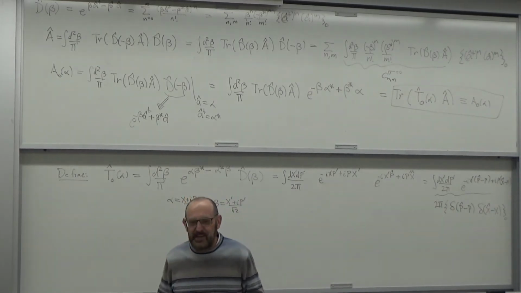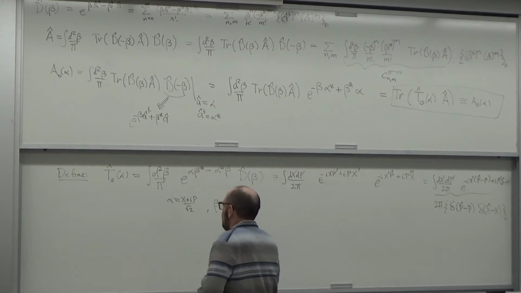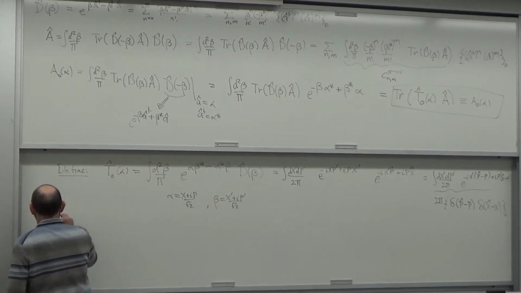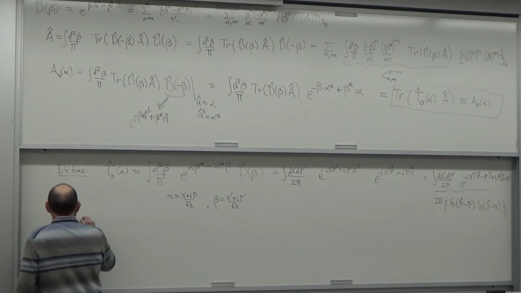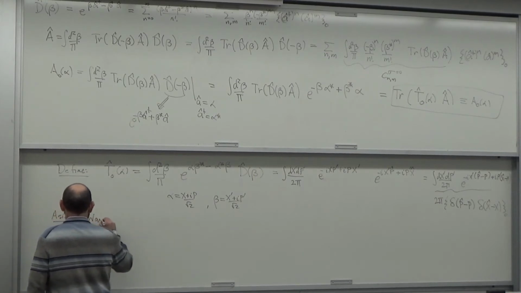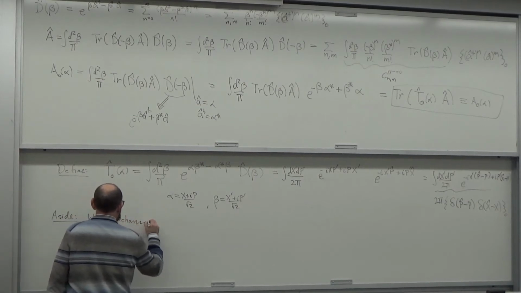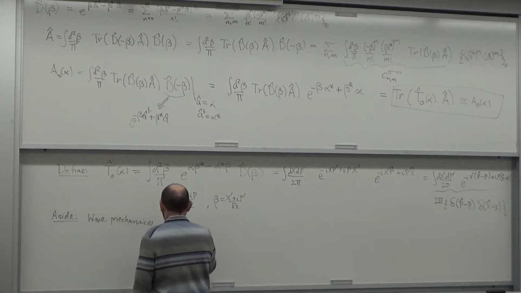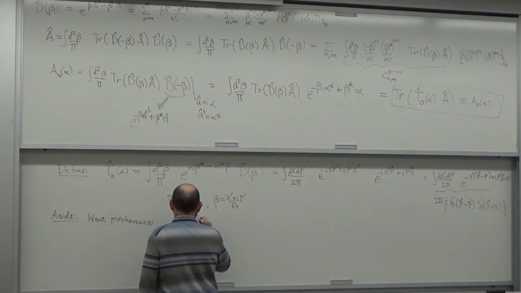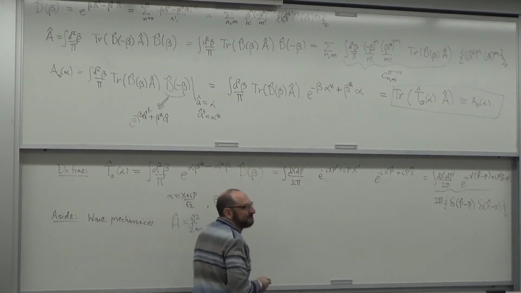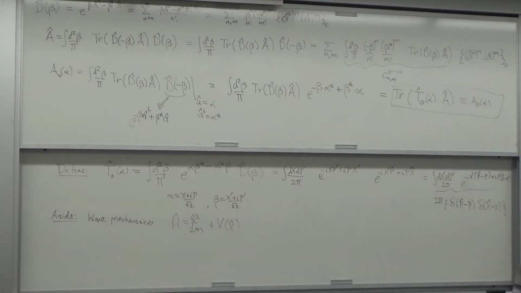Let's think about it for a second. Let's think about wave mechanics. Let's say I have a Hamiltonian, p squared over 2m plus V of x.